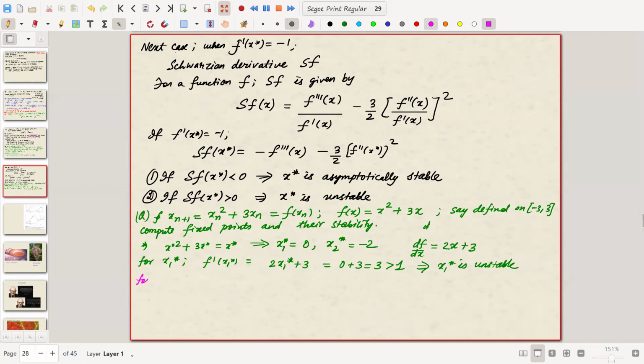for x2*. For x2*, what is f prime? It is 2 into minus 2 plus 3, which is minus 1, isn't it?